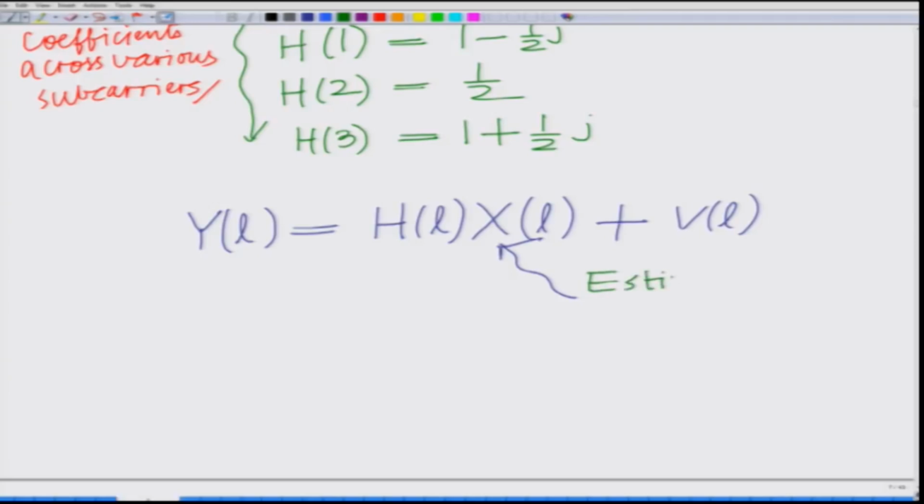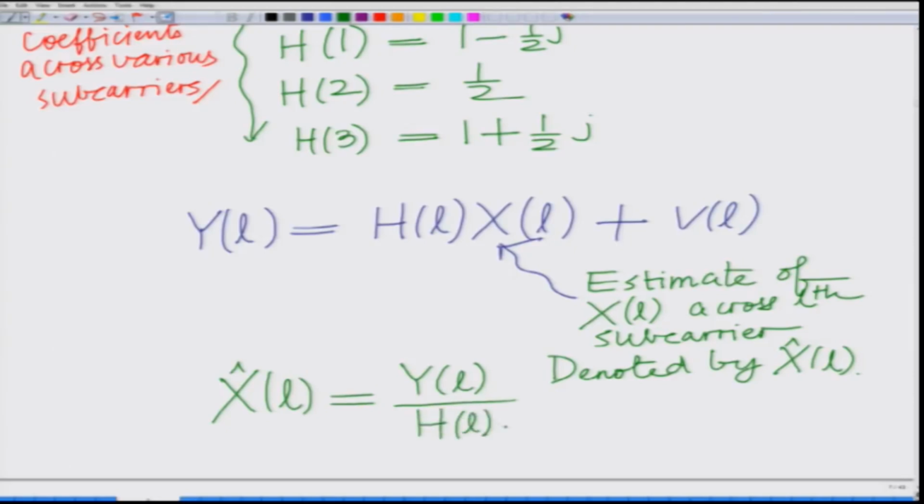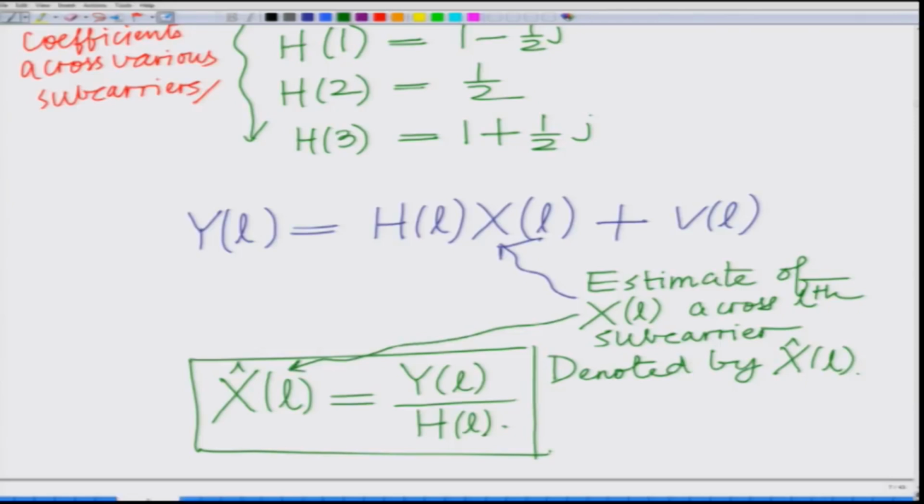That is what we do in FDE. This is denoted by capital X hat of L, and remember, X hat of L equals Y of L divided by H of L. This is how we compute the estimate of X of L, the Lth FFT coefficient of the transmitted time domain symbols, small x0, small x1, small x2, small x3.